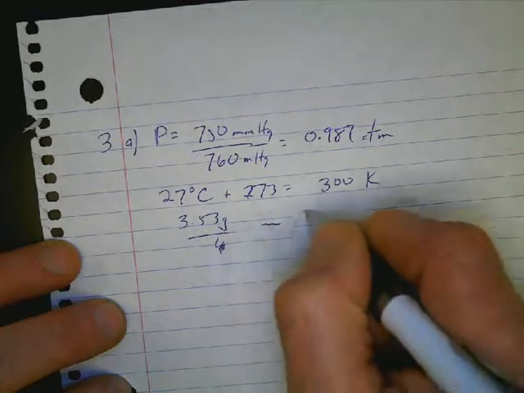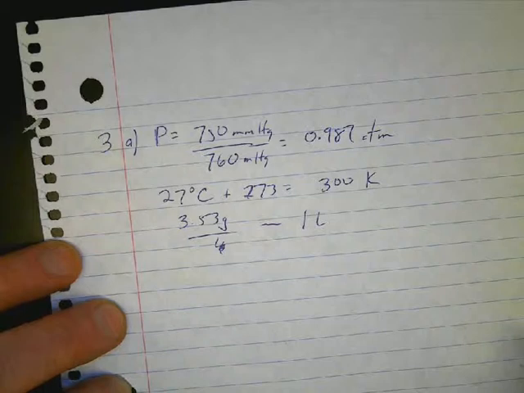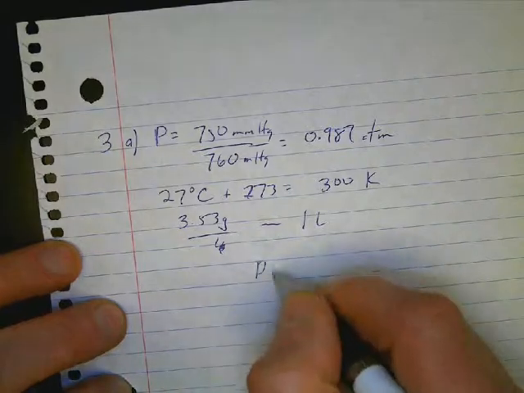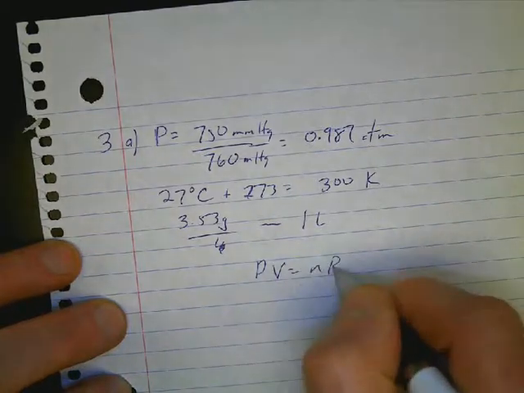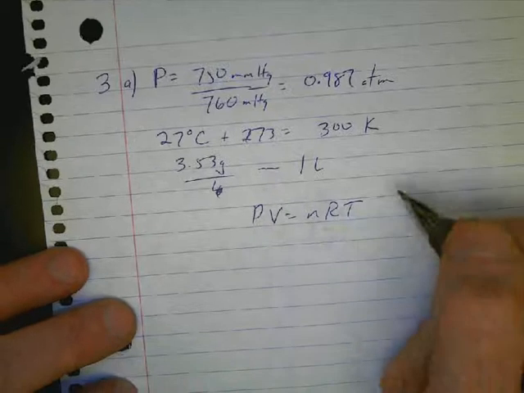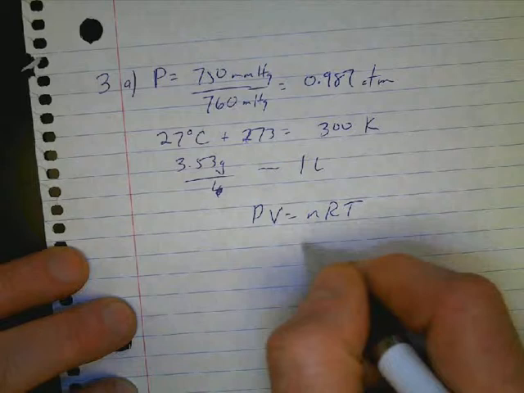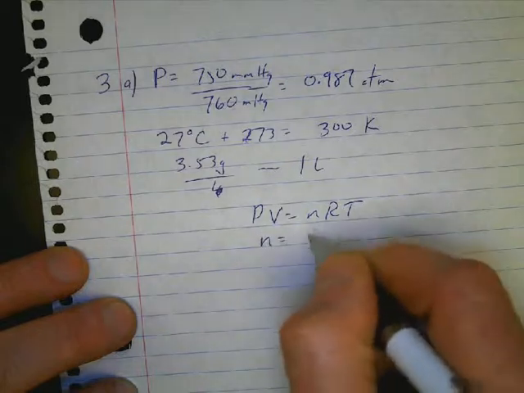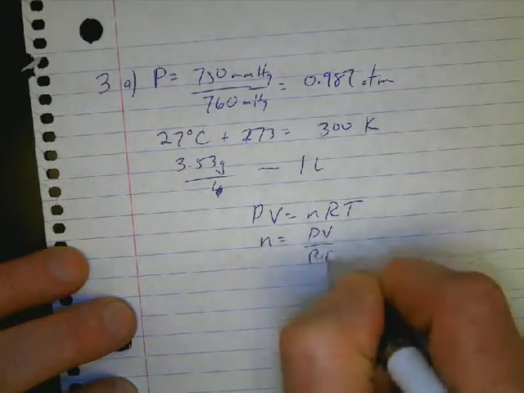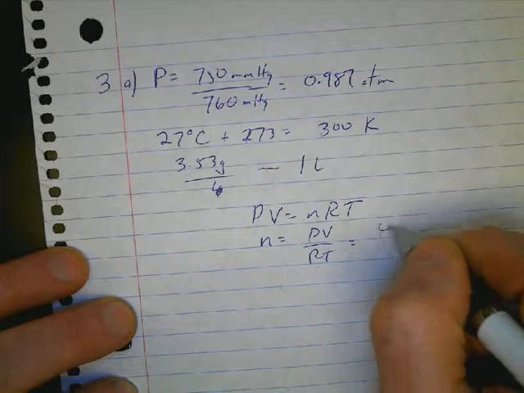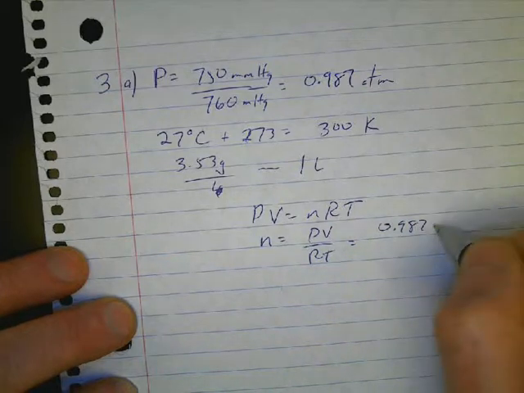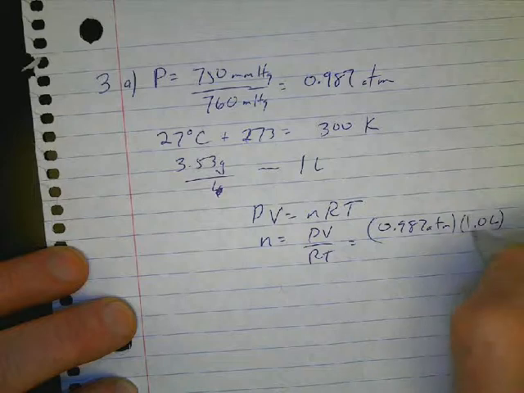Okay? PV equals nRT. Since we're solving for number of moles, we're going to move everything to the other side, so this becomes n equals PV over RT. Pressure, 0.987. The volume is 1.0 liters. The R, 0.0821.